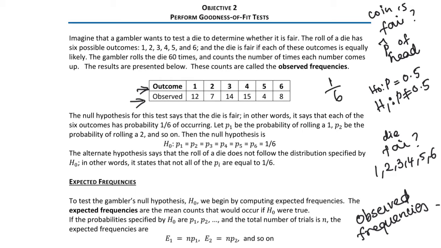Then the null hypothesis says that all of these have the same probability: P1 equals P2 equals P3 equals P4 equals P5 equals P6 equals 1/6. The alternate hypothesis says that they are not all equal to 1/6. In general, instead of writing P1, P2, P3, we can say Pi, where i varies from 1 to 6, is not equal to 1/6.